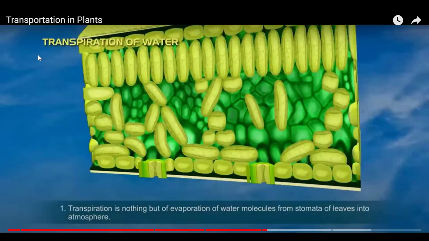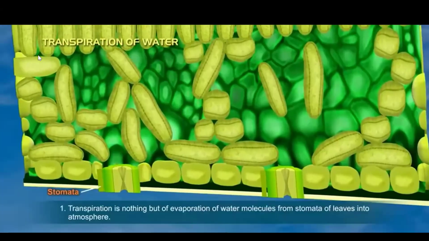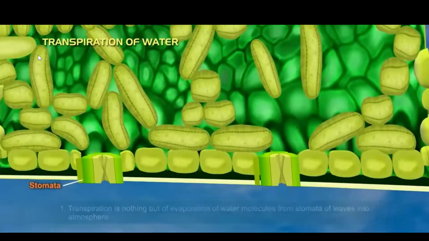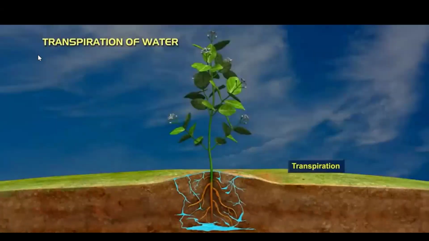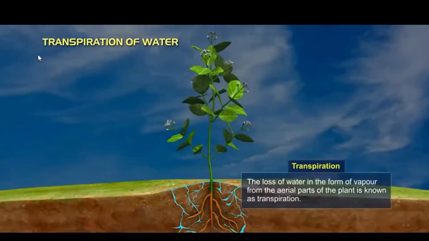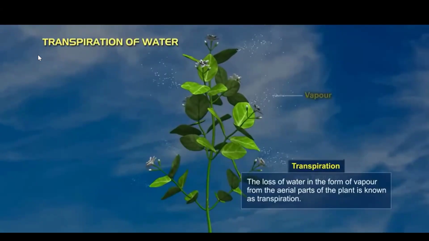Transpiration is nothing but evaporation of water molecules from stomata of leaves into the atmosphere. Stomata are the guard cells. In definition, transpiration is defined as the loss of water in the form of vapor from the aerial parts of the plant.